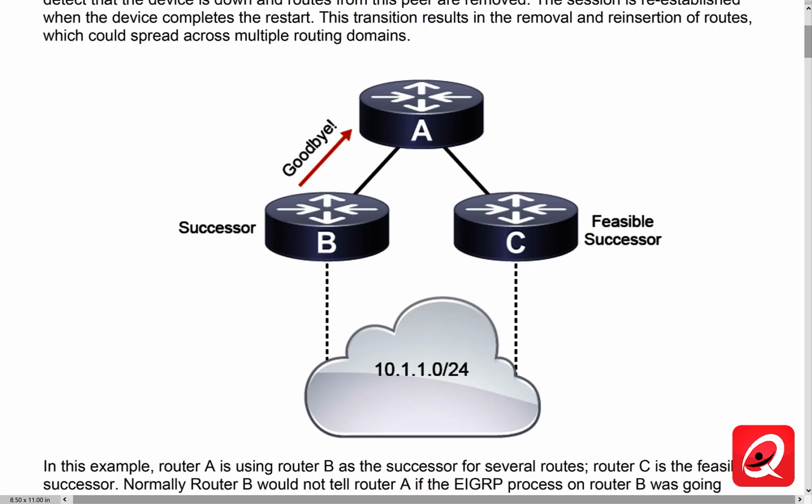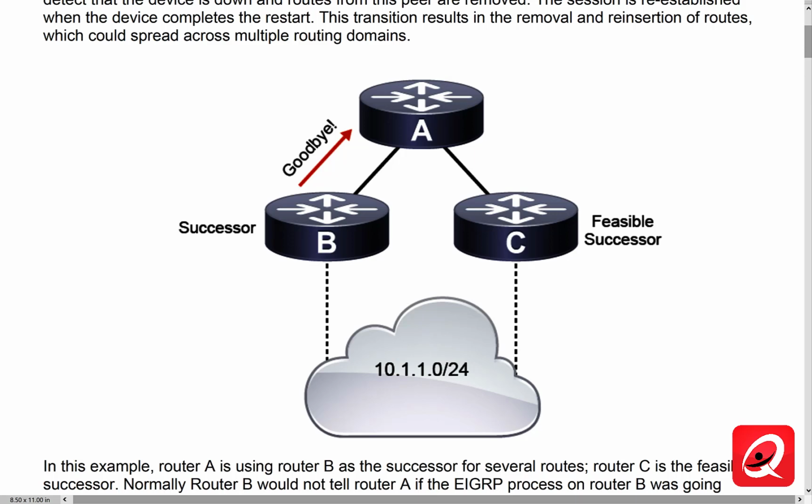But if you think about it, if EIGRP is not running, how am I delivering this message? A peer termination message is basically an EIGRP-specific hello packet with K values all set to 255. If you do a Wireshark capture, you would see K1 is 255, K2 is 255, K3, K4, K5, K6, and so on.